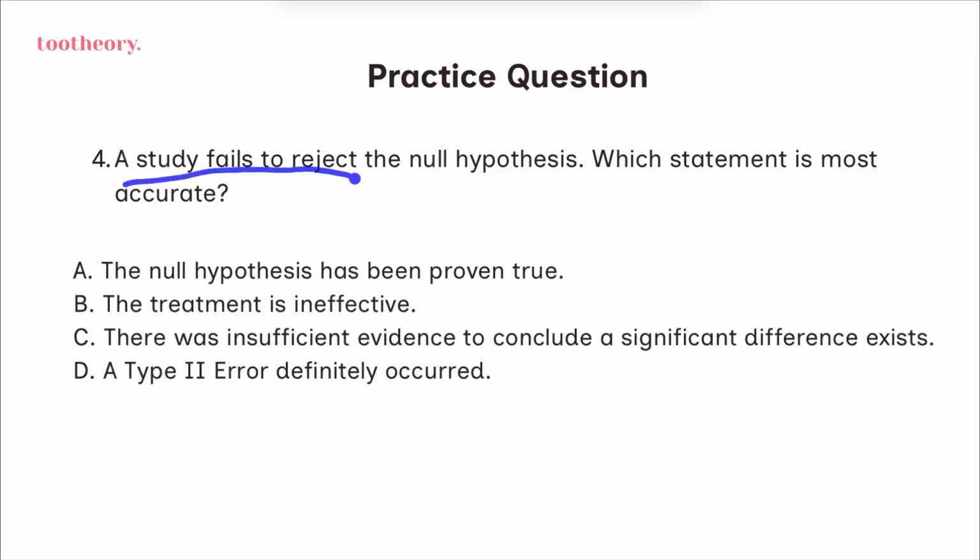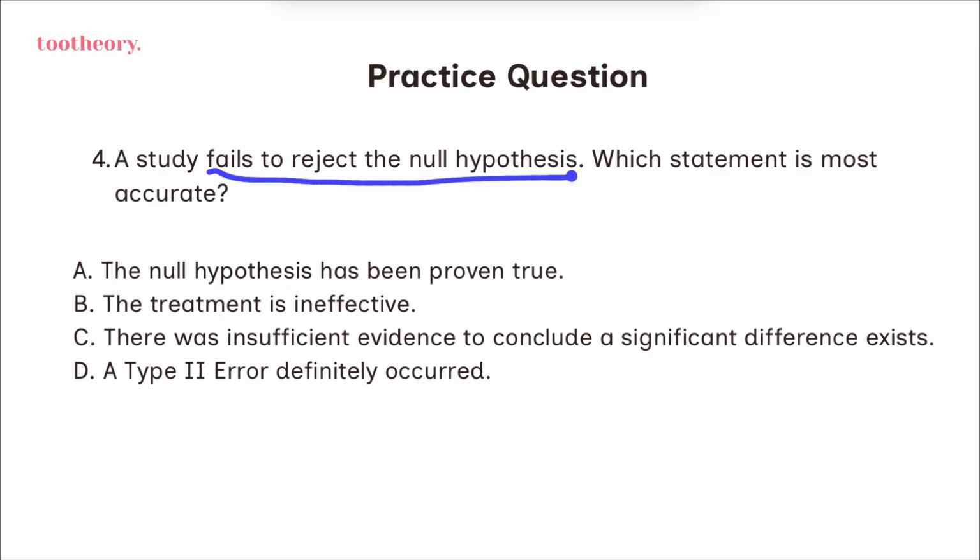The next question says, a study fails to reject the null hypothesis. Which statement is most accurate? And this is one of the questions which ADAT loves to ask, which is interpreting questions, right? So you really don't have to get caught up in the words here, and you need to know the meaning behind all the options to answer the question correctly.